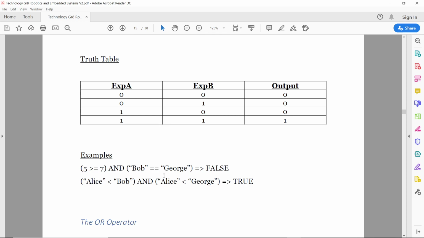We know that is true as well because A is less than G. So we've got a true and a true, and if we've got two trues, the answer is true. Those are the ANDs. Basically, you evaluate each expression and then you AND them together using this pattern.